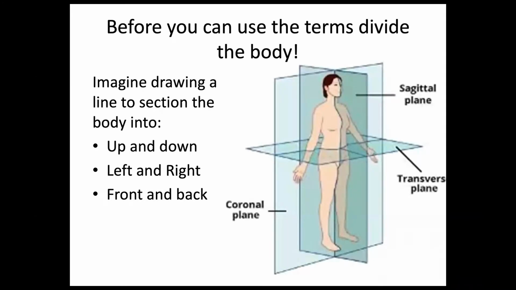We then divided the body into certain planes, which are quite useful. When we're discussing next week, I believe we're doing the abdomen, this is going to be really important, because we're going to divide the abdomen into different planes, and you'll have different regions.